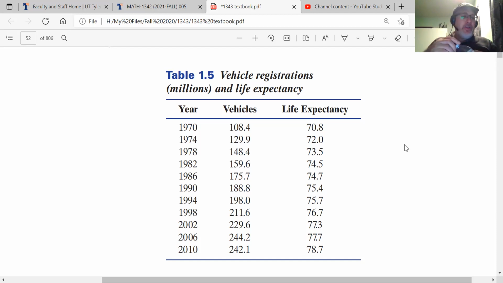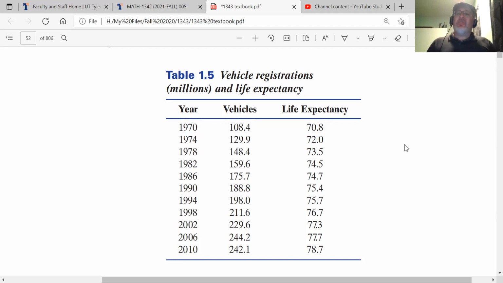But how could the year increasing cause the life expectancy to increase? Well, as the years go by, researchers develop techniques, products, drugs, procedures that increase the life expectancy of people. And so as the year increases, the life expectancy increases as well.